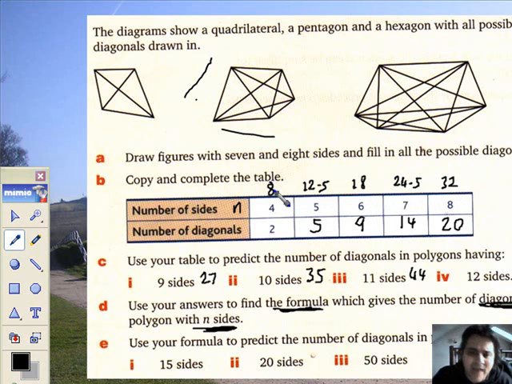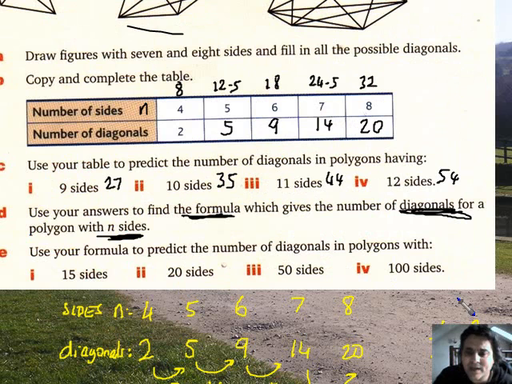So I've got to relate the 8 back down to the 2, the 12.5 back down to the 5, the 18 back down to the 9, and use that to somehow finish off this very difficult sequence.